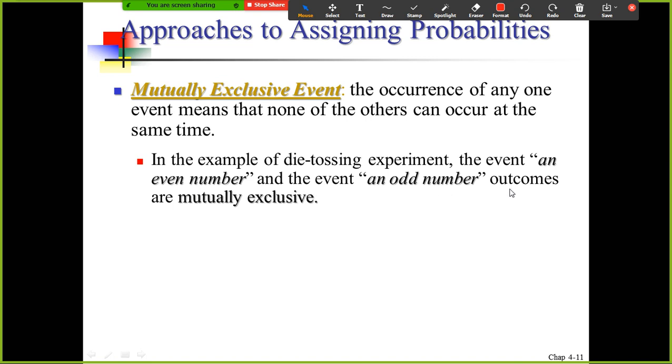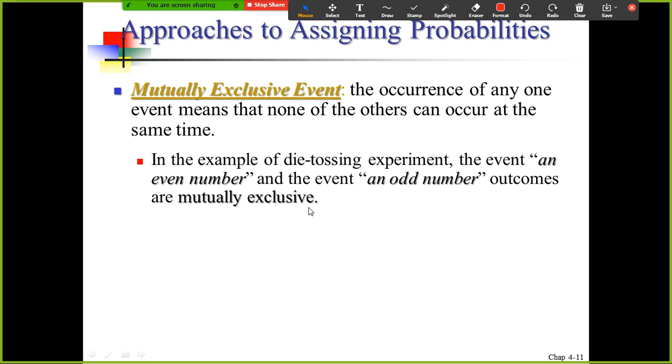In the example of the die tossing experiment, the event of an even number and the event of an odd number outcome are mutually exclusive. When you have one die and you roll it, only one face is up, and the other faces cannot be up. This face can be an odd number or an even number.